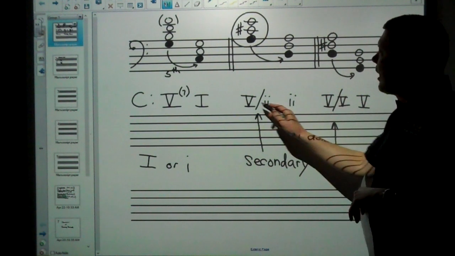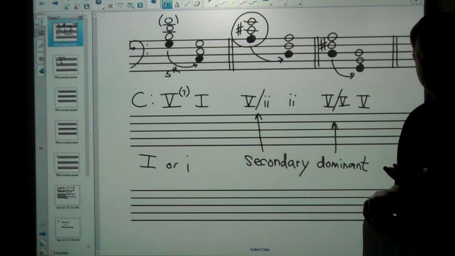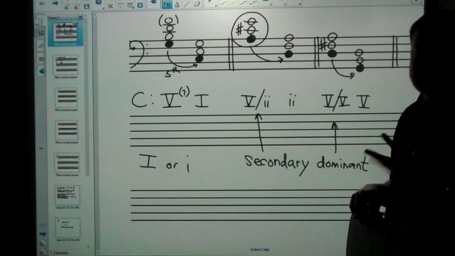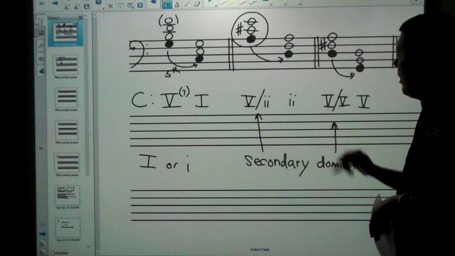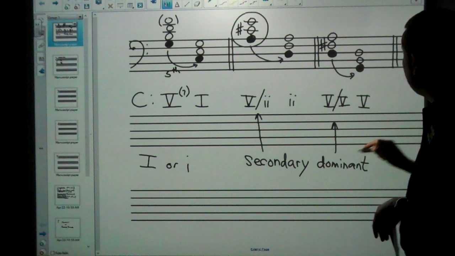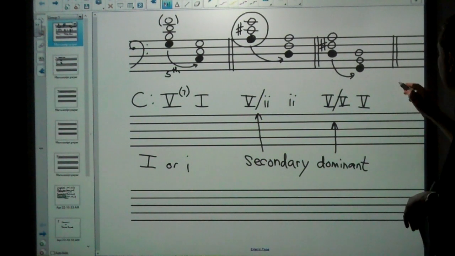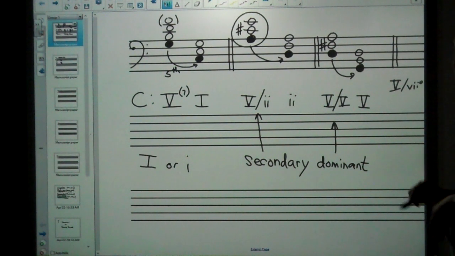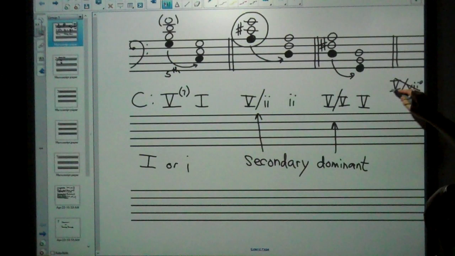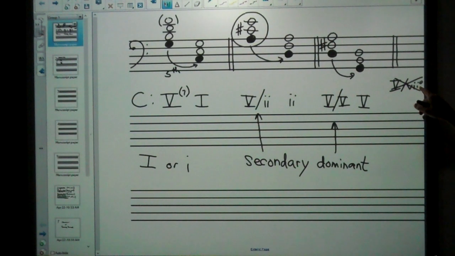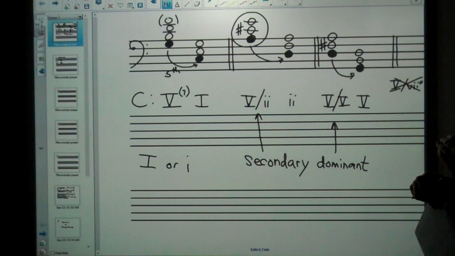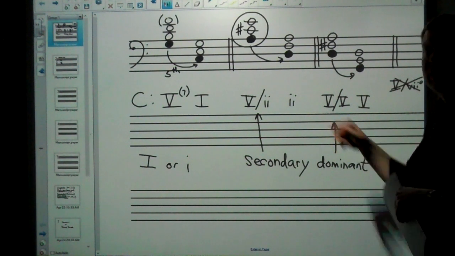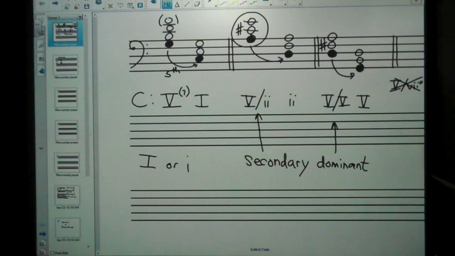Only major and minor triads can be preceded by their own dominant, which is a secondary dominant. Okay. That means that you would never ever have a secondary dominant that looks like this, 5 of 7 diminished. There's no way, because the 7 diminished chord cannot even sound, just for a brief moment, like a tonic chord or a point of repose. Only major and minor triads can.